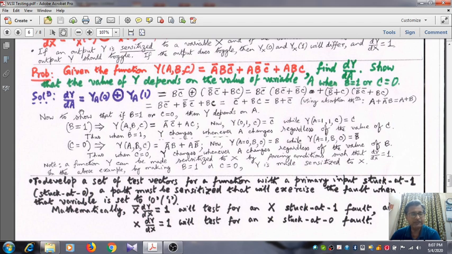So you have taken down the expression. What is dy/dA from the definition? It is the exclusive OR of y subscript a corresponding to value 0 and y subscript a corresponding to a assuming the value 1. So you see that when a takes the value 0, then the second and third terms reduce to 0.